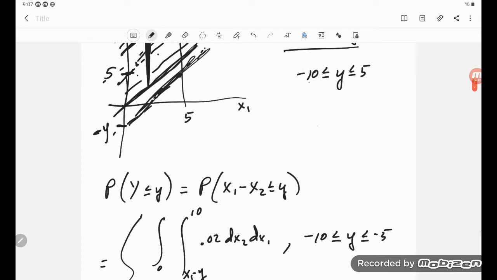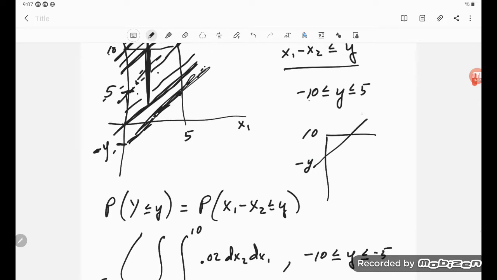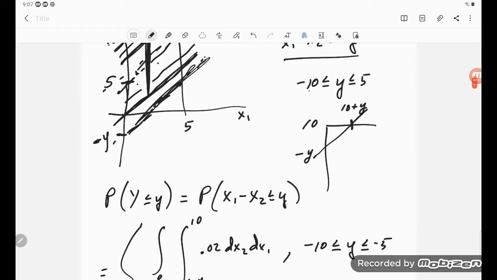So let me kind of just draw it over here. So this is at 10. We're doing this, and we know this is minus y. And so, what's this value right here? And that value is 10 plus y. Okay, does that make sense?